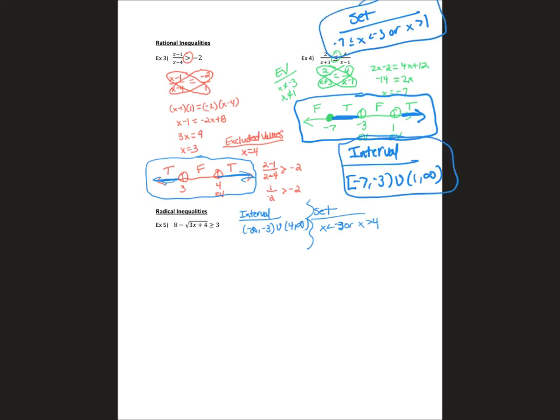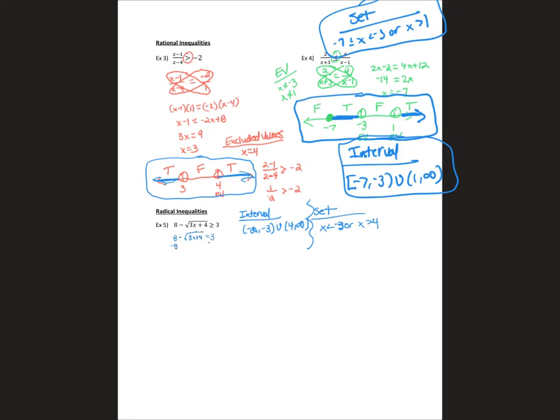All right, last example, example 5, we're dealing with radical inequalities. So remember, with a radical inequality, we need to find excluded values that make the inside of the radical negative, because that would lead to an imaginary solution, which is not included on the real number line. So first step, we're going to write this equation as 8 minus the square root of 3x plus 4 equals 3.